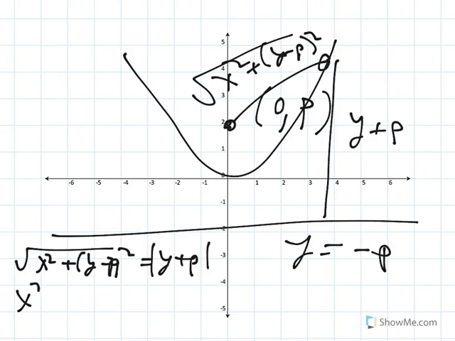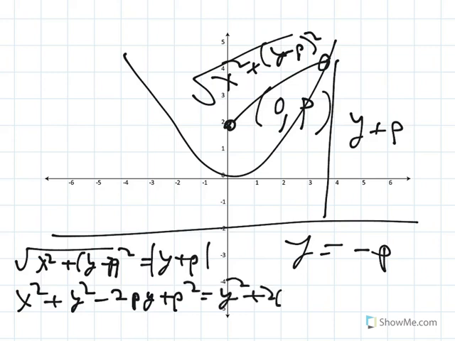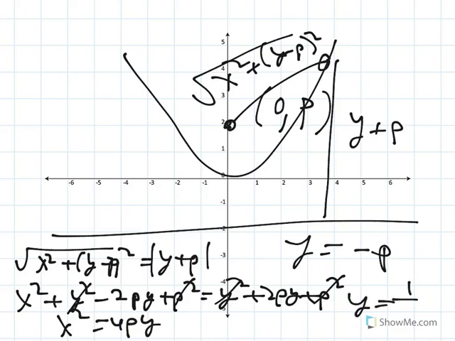Square both sides, get x squared plus y squared minus 2py plus p squared equals y squared plus 2py plus p squared. The p squares cancel out, the y squares cancel out. Get x squared equals 4py, or y equals 1 over 4p times x squared.